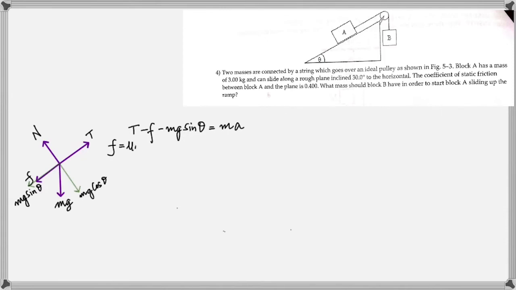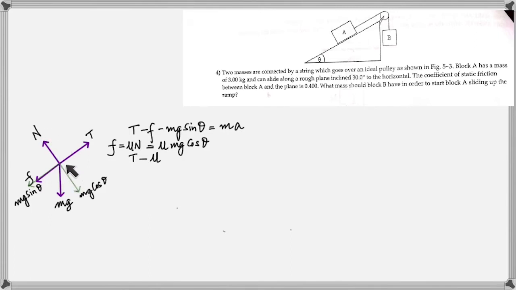But we know that friction, static friction in this case, is mu times N, where mu, or mu sub s, is the coefficient of static friction. And N, if you look carefully, is exactly equal to mg cosine theta. That is because the object is not moving along the y-axis, so these two forces have to cancel out.